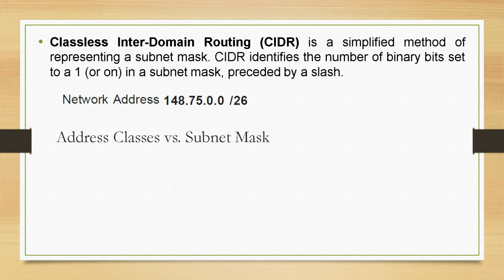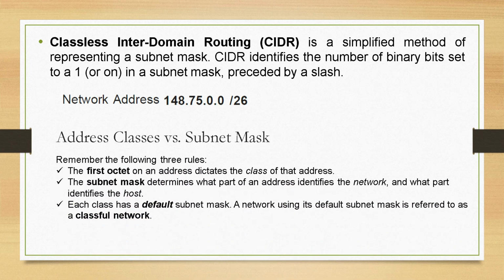Now, we have a differentiation between address classes and subnet mask. There are three rules that we have to remember when differentiating these. First, the first octet of an address dictates the class of that address, as I have said before.